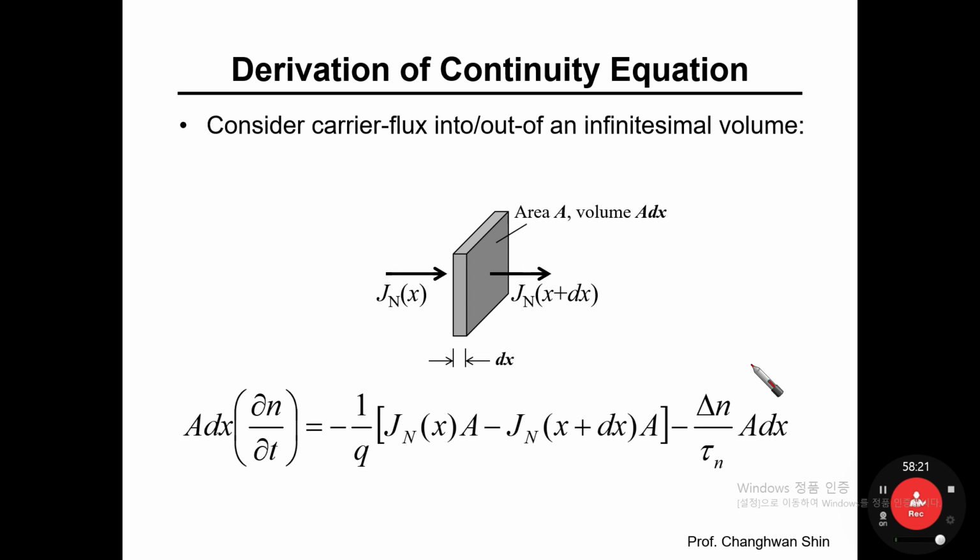From the first slide, we came up with some idea how to describe electrons and holes, or carriers, moving into and out of an infinitesimal volume. So we have completed how to write down the continuity equation, and the unit for the left-hand side and right-hand side was the number of carriers per every second.